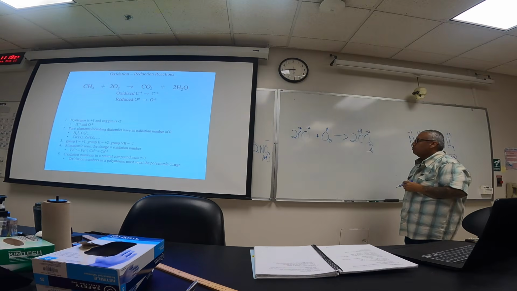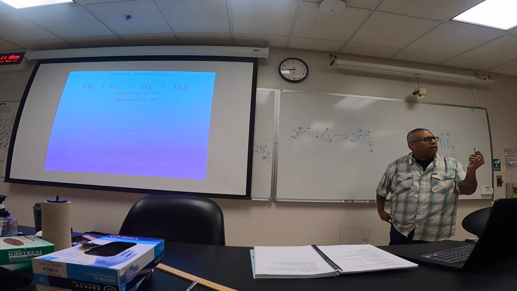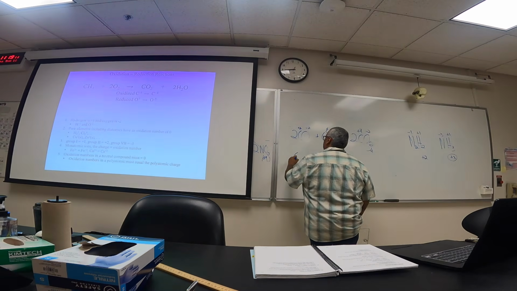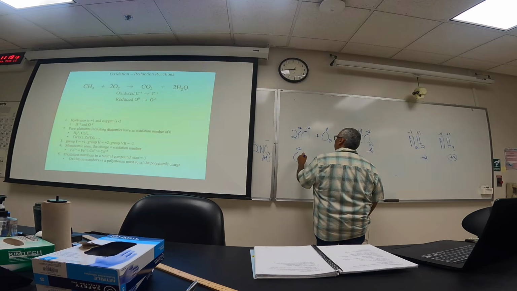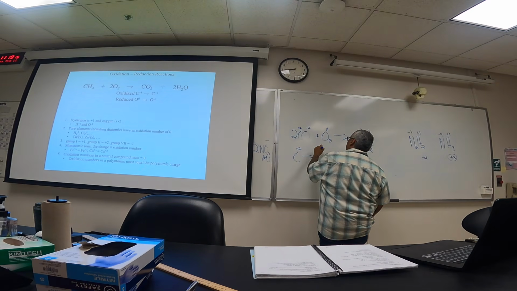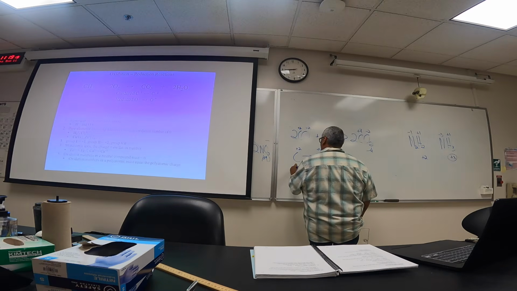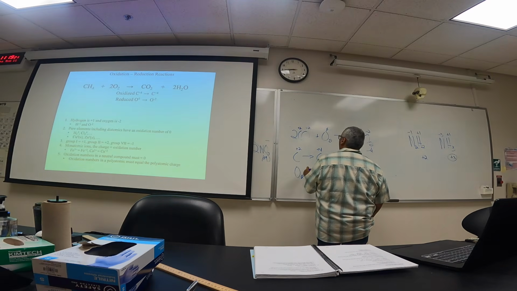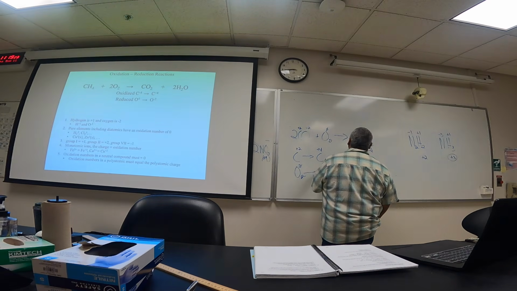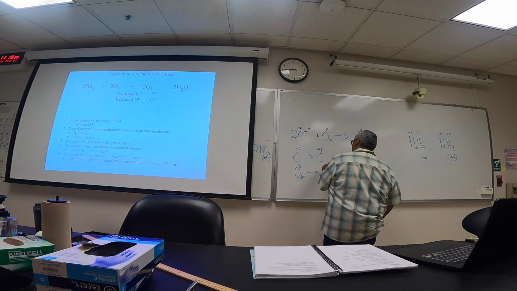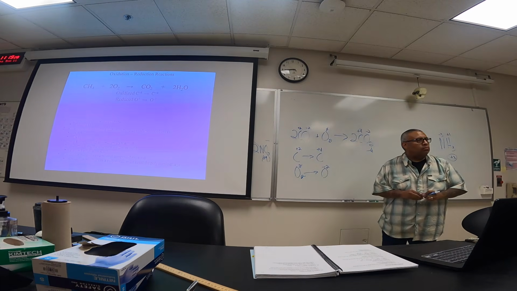+4. So now as we look at this, we're going to break this down a little bit more. Carbon went from +2 to +4. And oxygen went from 0 to -2.